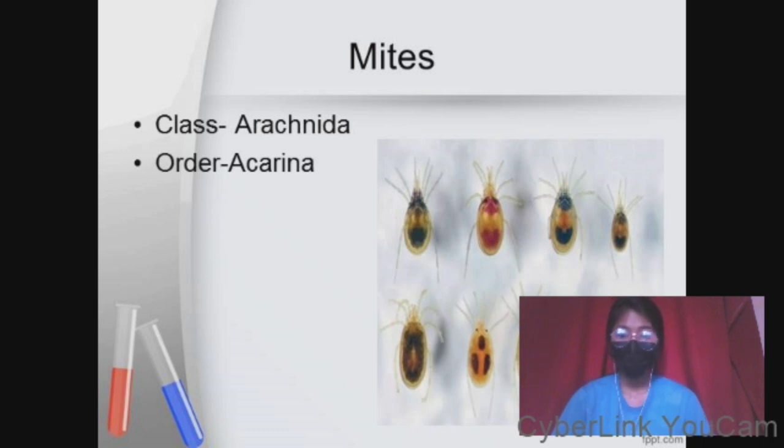Acarina are small or very small arachnids, most of which have a short, unsegmented abdomen. Mites are among the most diverse and successful of all invertebrate groups. They are small in size and often go unnoticed. They cause loss to stored products and also cause damage to beneficial insects like honeybees.